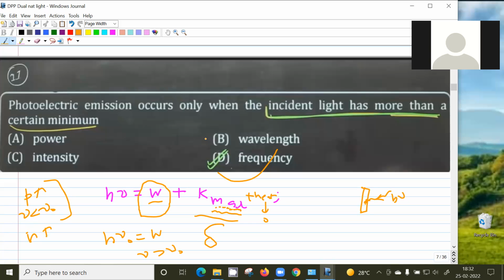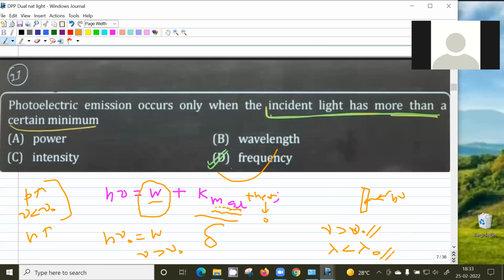Similarly for wavelength: the frequency should be greater than nu naught, and the wavelength should be less than lambda naught. There is a minimum frequency above which the electron will get emitted, and a maximum wavelength below which the electron will get emitted.